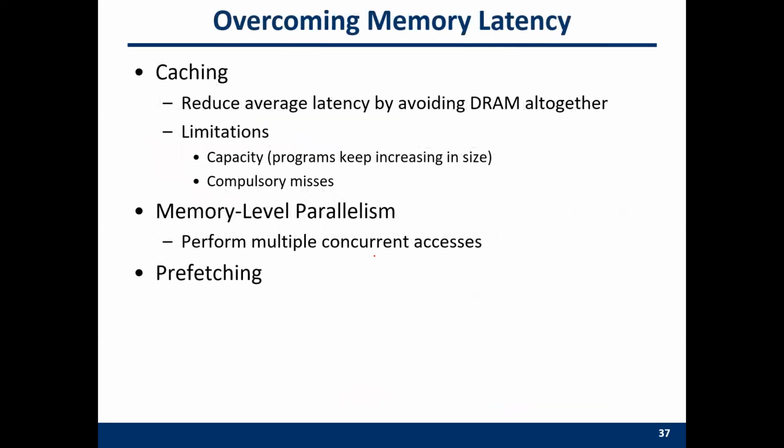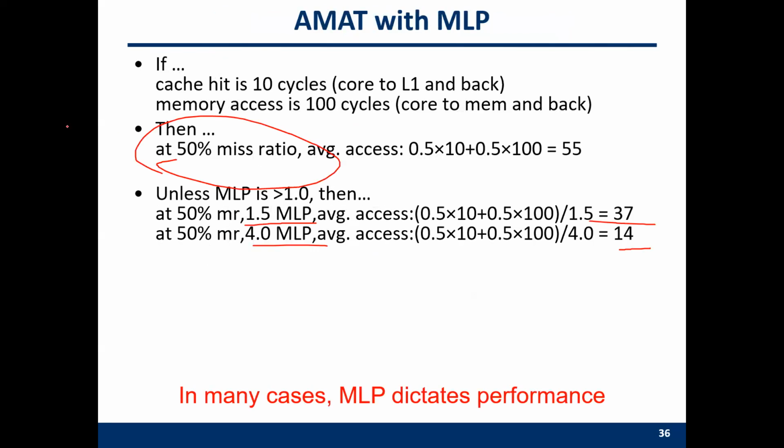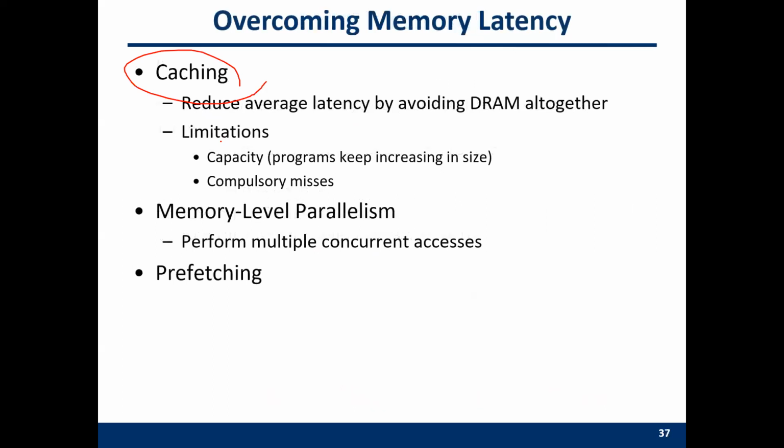Of course, we have other schemes to further reduce the memory access latency. First, you have a better cache. Going back to this example, you have a cache with a higher hit rate, meaning lower miss rate. When you reduce this number, the memory access latency can also be reduced. But again, cache is a very old component.